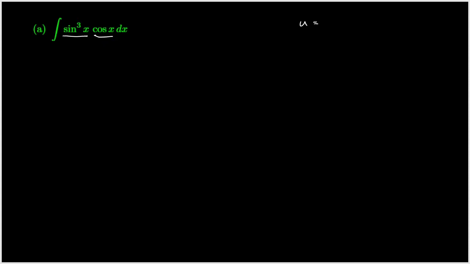It's too early to ask you questions. I will show you the meaning. For this question, I'm going to tell you how to choose u. If we choose u to be sine of x, then sine of x, the whole thing cubed, will become a function of u cubed.